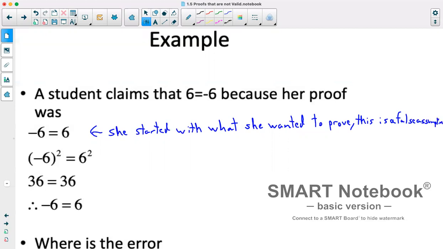So she started with what she is trying to prove. That's a false assumption. And then essentially everything after a false assumption doesn't matter, since the premise that was built on isn't true.